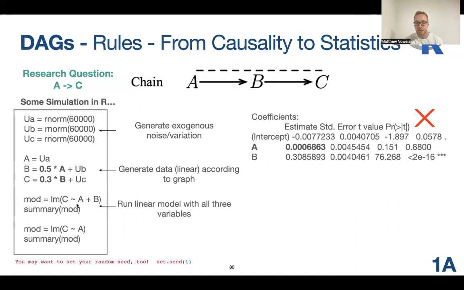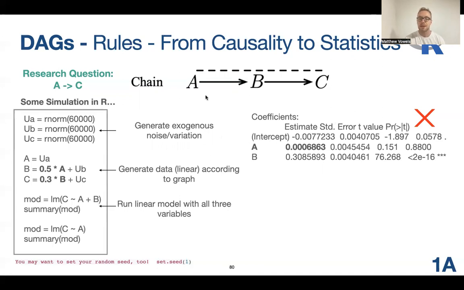And we want to check that we can recover the total effect of A on C by running this linear model. So here in R, we can specify that as lm, and then we open the brackets and specify C as the outcome variable. Tilde is equivalent to what we're regressing it onto. And then A plus B specifies we're including both A and B as predictors in the model. So we're going to fit this and then look at the results.